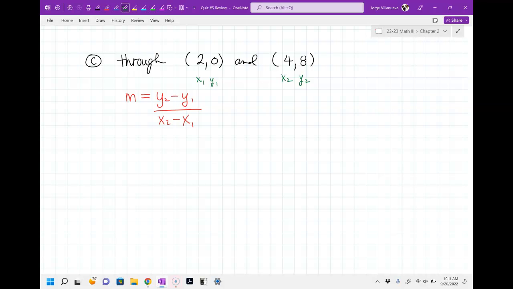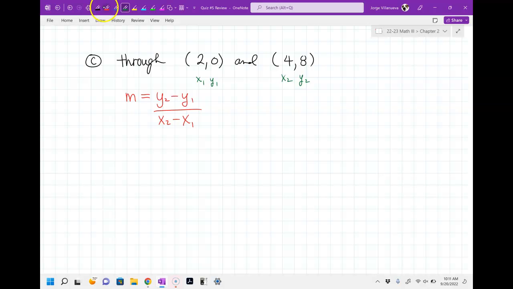X sub 1, y sub 1. A point has both letters, xy. So you're going to call the first one x1, y1. The next one should be x2, y2. Make sure you don't mess that up, because if you mess that up, the whole problem's messed up. You're not going to get the right answer for sure.